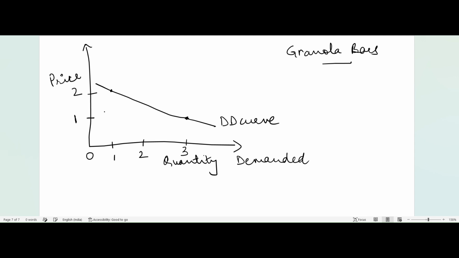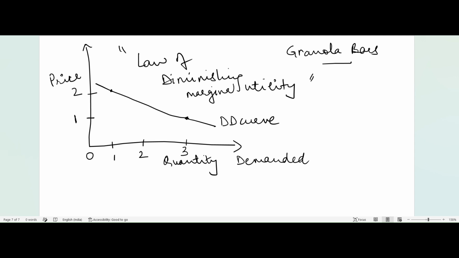All right. So the demand curve is downward sloping. Why? Because of the law of diminishing marginal utility, right? Because as the price increases, the quantity demanded decreases and vice versa. And why that happens is explained by the law of diminishing marginal utility.